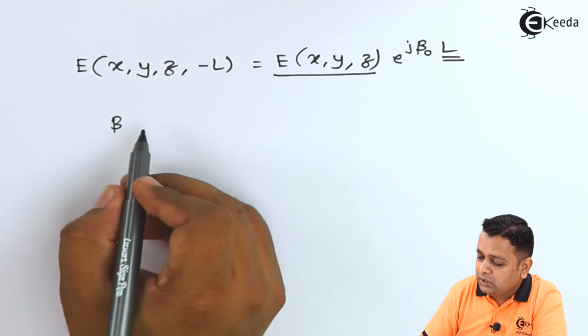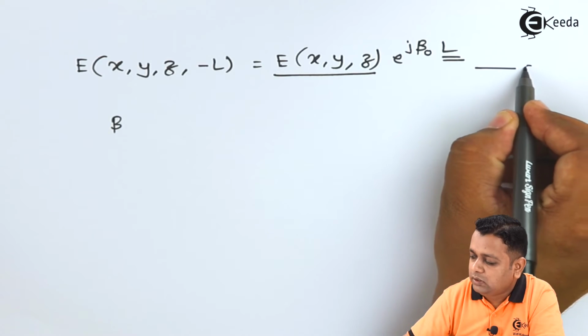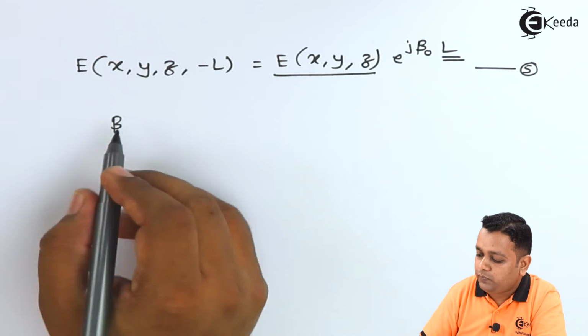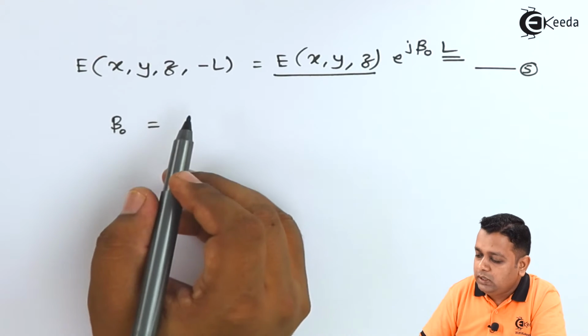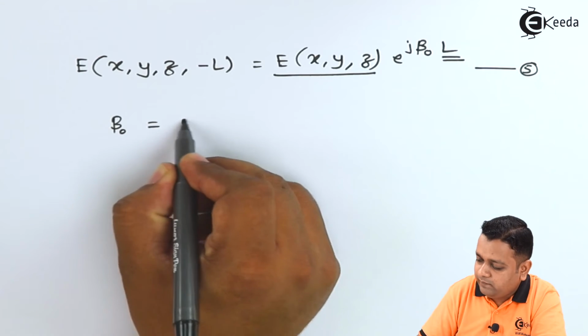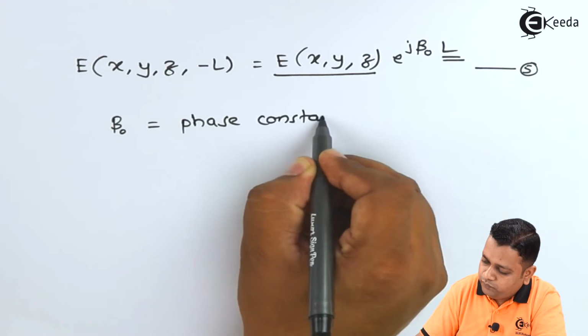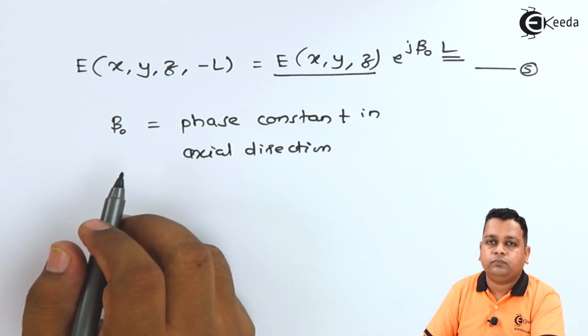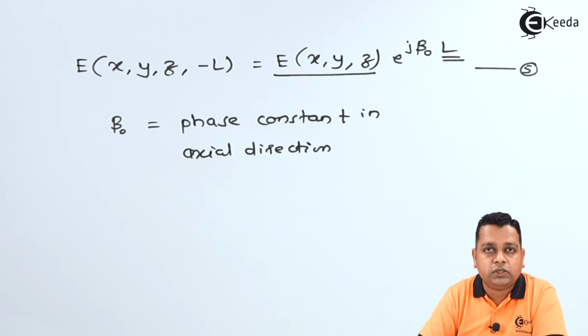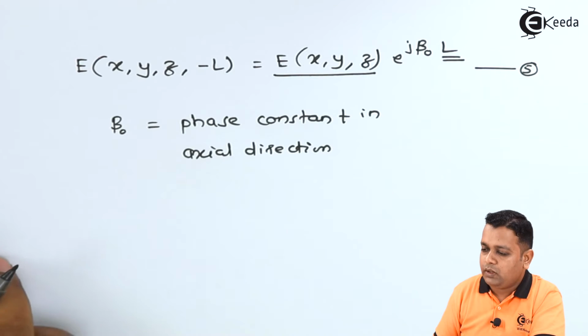Let this be equation number 5. Beta suffix 0 is the phase constant in the axial direction, and also the phase constant is with respect to the constant velocity of the electron along this axial direction.